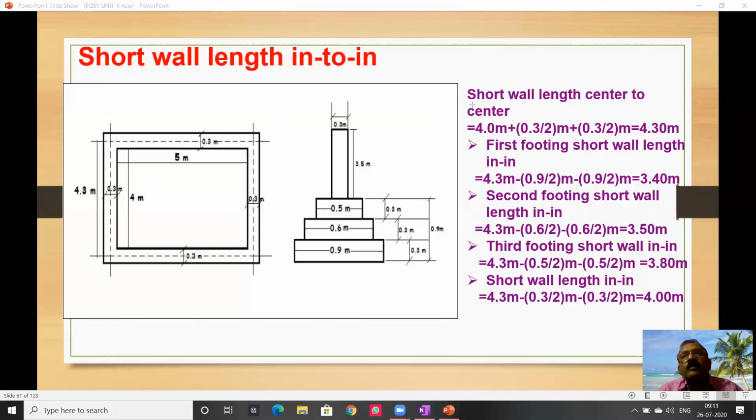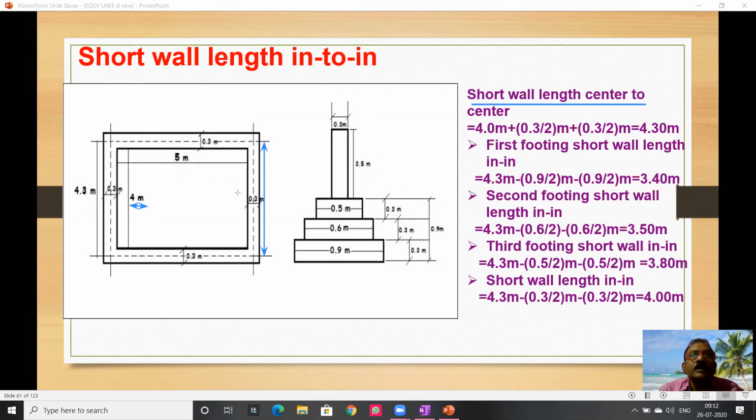Now, the first step is we will calculate the center to center length. So here, from here to here, this is the center to center of your short walls. So clear span is how much? Here 4 meters, right?